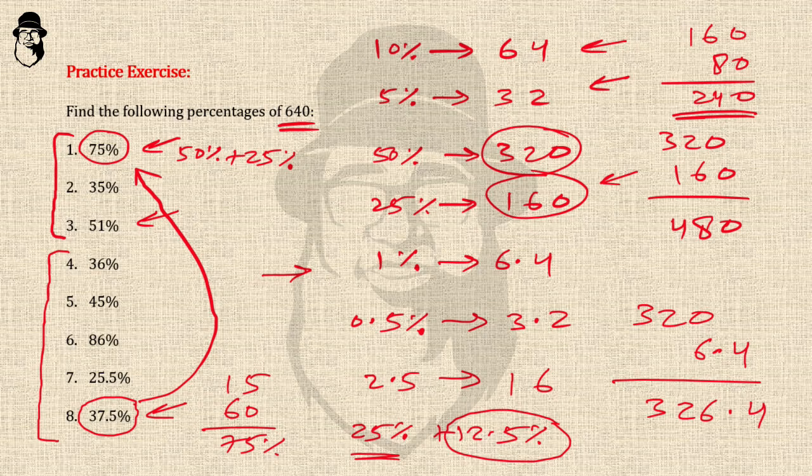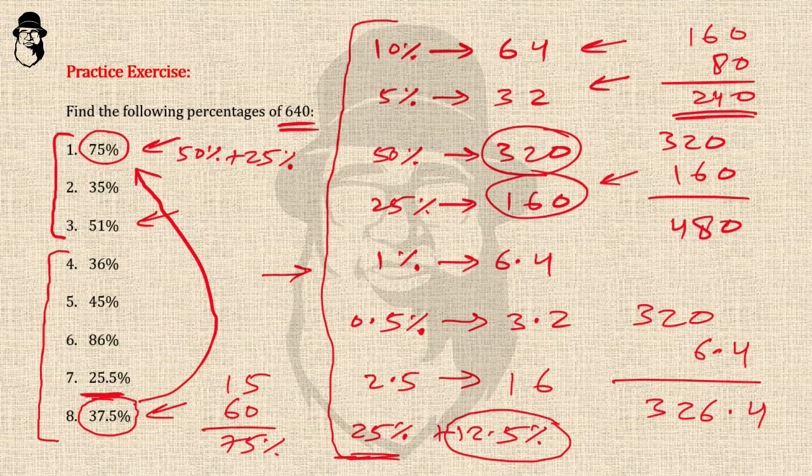So like that you can use any of them. If the percentages are in the points, you can still, like here, get 25% plus 0.5%, and you will get the answer. So it's not a big deal, just do the practice.